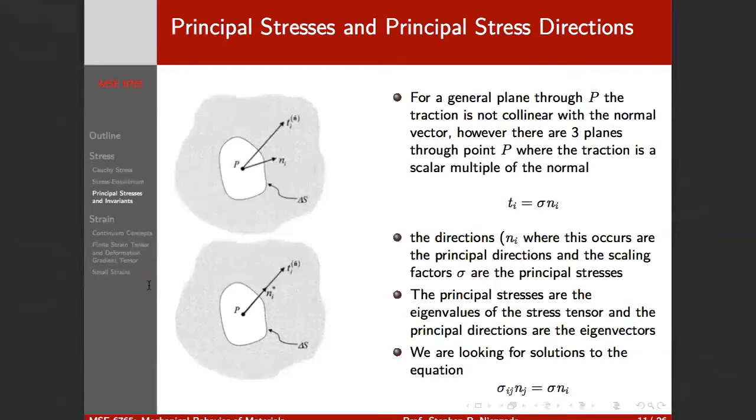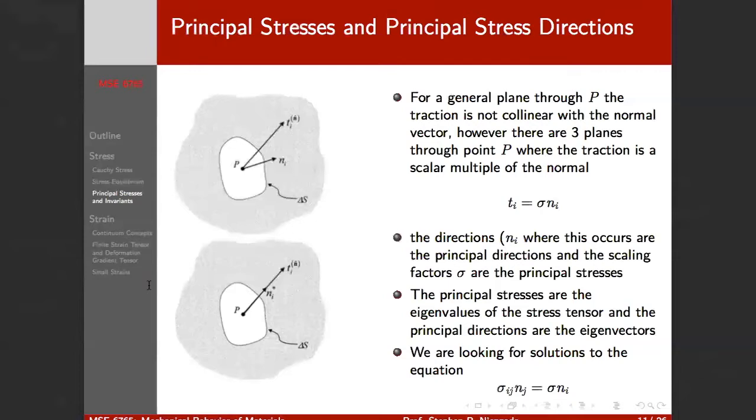We basically say sigma ij nj is equal to lambda ni, meaning that the action of the tensor on n is to simply scale the normal vector.